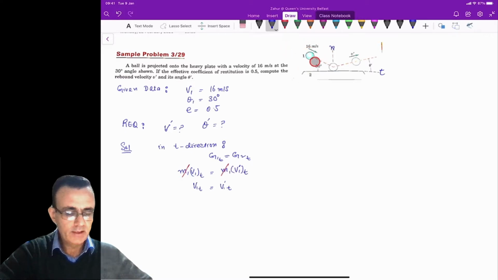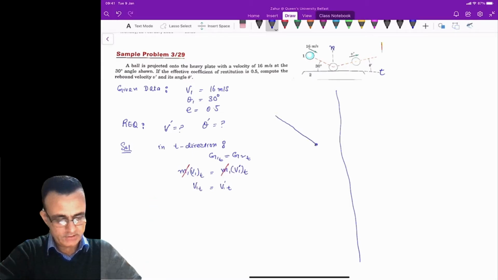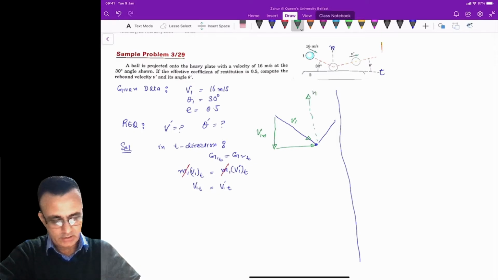Now, this velocity v1 can be split into two components, a t component and an n component. This is our incoming velocity and this is the outgoing velocity. The incoming velocity splits into v1n, along the n direction, and v1t, along the t direction.